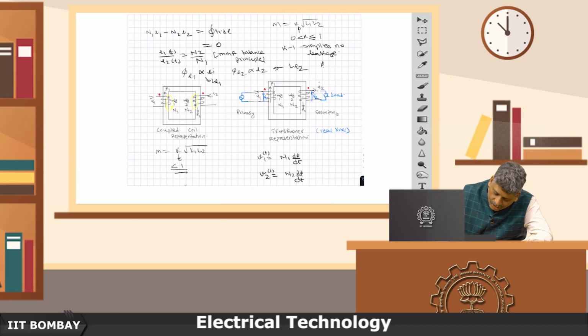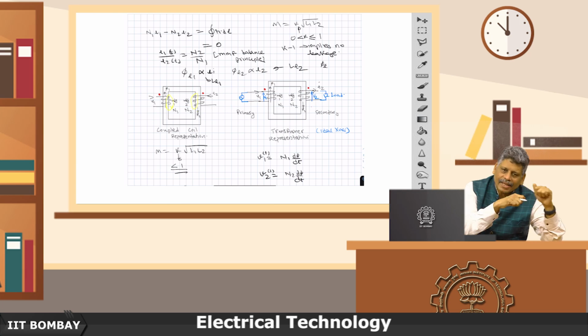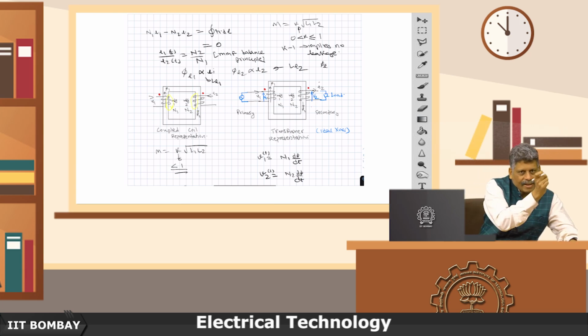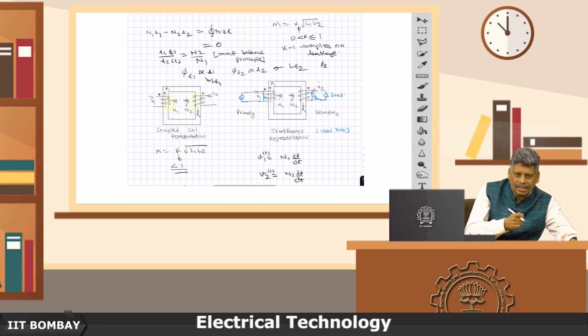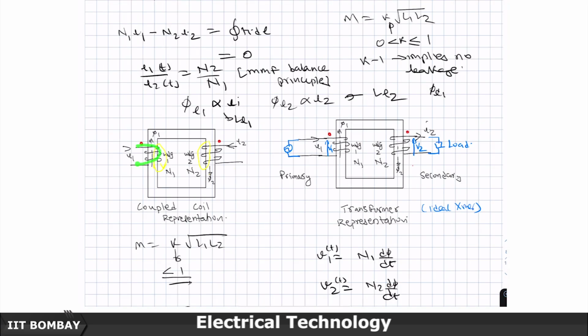Now, what is the relationship? The question that comes is, okay, I know I have to model it as an inductance, but should I connect it in series or, like the magnetizing impedance, connect it in parallel? The very important thing you should understand here is that as the current in the primary winding increases, proportionately the leakage flux has to increase.